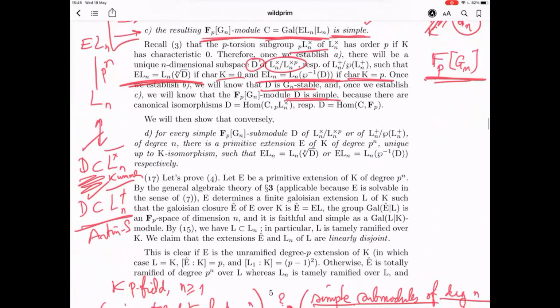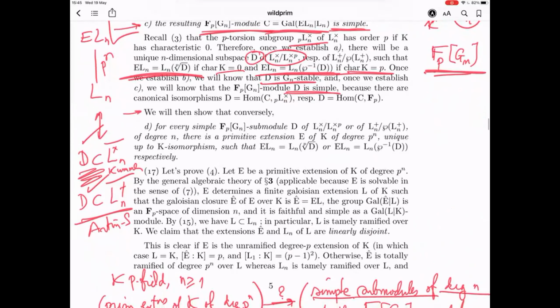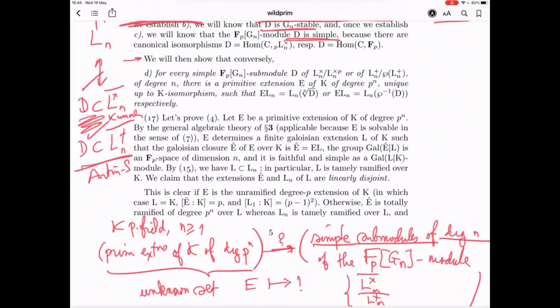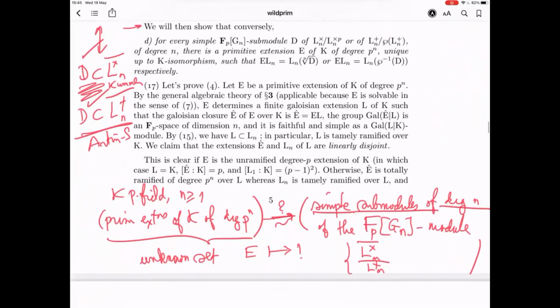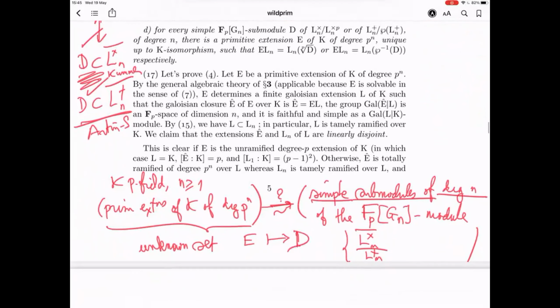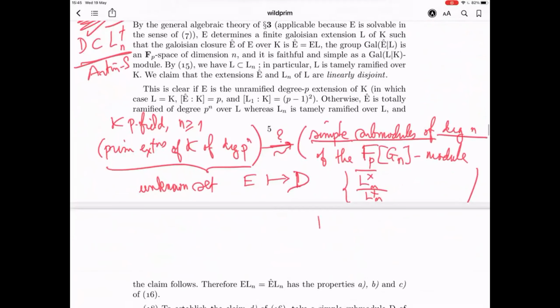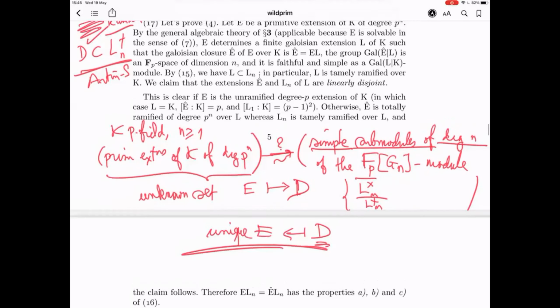And finally, what are we going to do? Then we are going to show that this map is a bijection. So for that, we have to show that now this E is being sent to D. So in order to show that it's a bijection, we have to see that every D comes from a unique E. That's the second thing that we have to show.